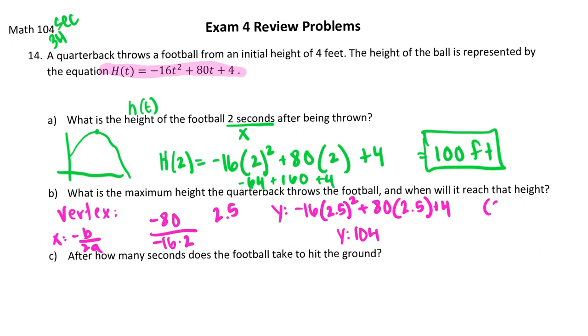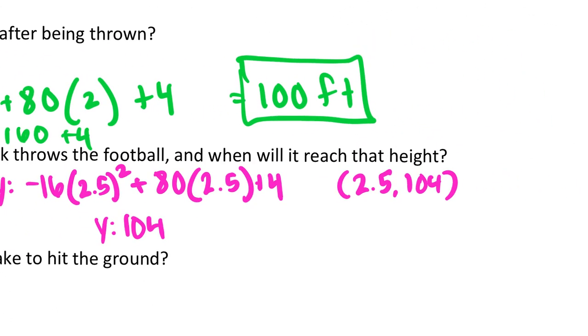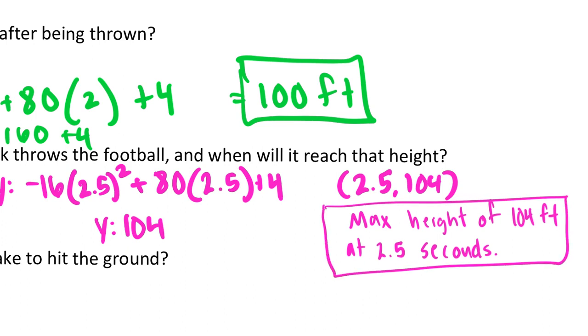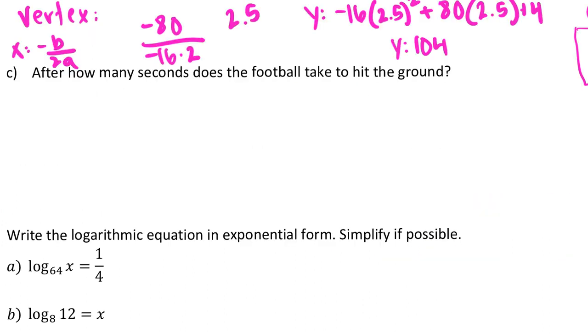So we have our vertex at 2.5 comma 104, but they ask us to interpret what that means. It means that there is a maximum height of 104 feet at 2.5 seconds.